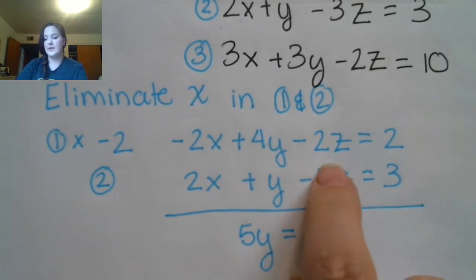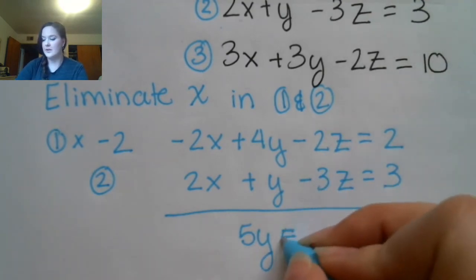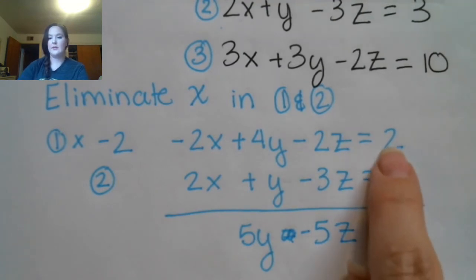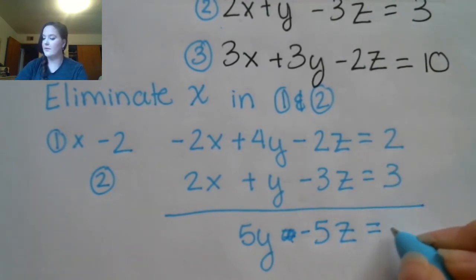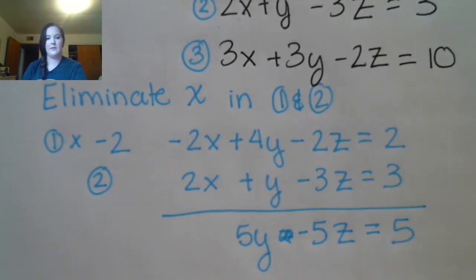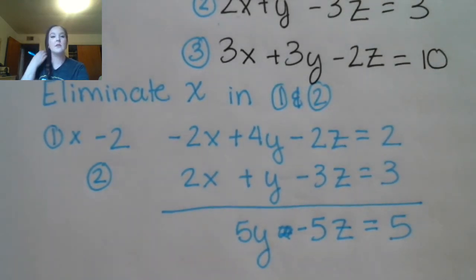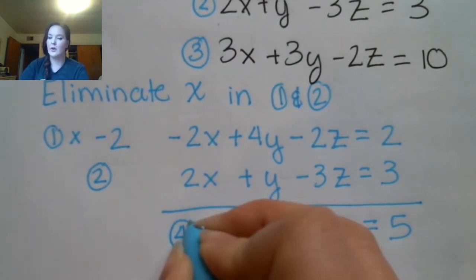And then -2z minus 3z is -5z. And then 2 plus 3 is 5. All right, so now that's my step 1, and I'm going to name this equation 4.